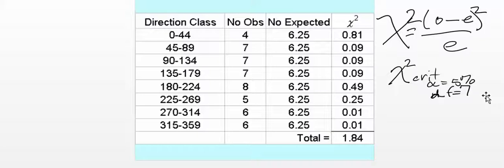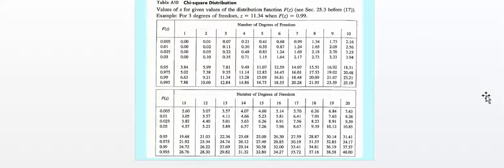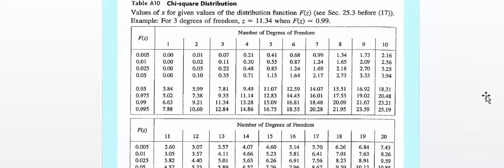So once I have that, I can go back and look at my tables to find the chi-squared for this case. And this is that table, and if I enlarge it just a bit, I can find the number of degrees of freedom is 7, and alpha is 5%, so I want the 0.95 case, which means that I have a critical value of 14.07.